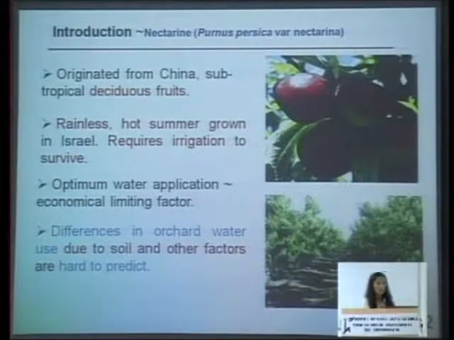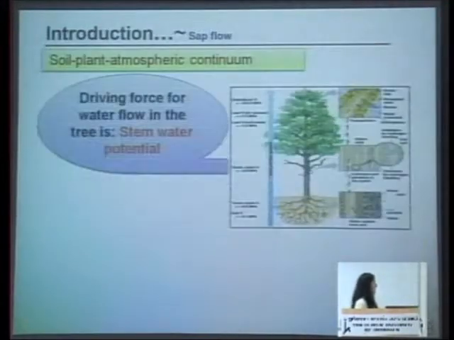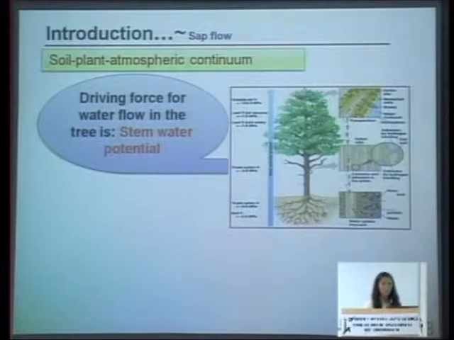So we have to develop the irrigation protocol according to the specific orchard. To do this, we have to understand the soil plant atmospheric continuum of water utilization.